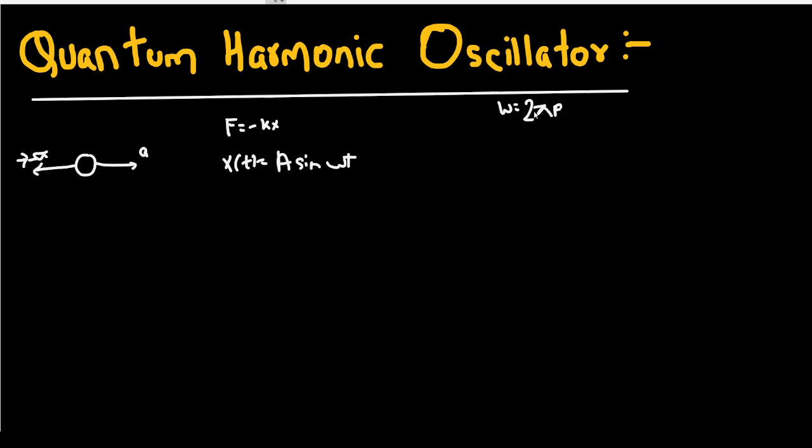You can draw a spring to analyze the motion. Maybe the diagram is not that good, but this is a spring and the block is connected here. This is the mean position, so if you push it some distance x, some potential energy is stored, which then gets converted into kinetic energy.